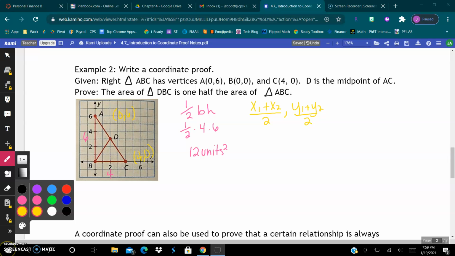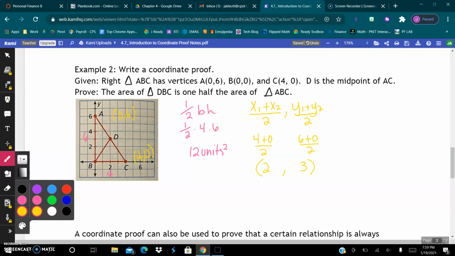I'm going to take our x values and add them together. So that would be 4 and 0 and divide that by 2. So 4 divided by 2 is 2. And then we're going to take our y's, which would be a 6 and a 0, and divide that by 2. So that would be 6 divided by 2, which would be 3. So the ordered pair for the midpoint is 2, 3.